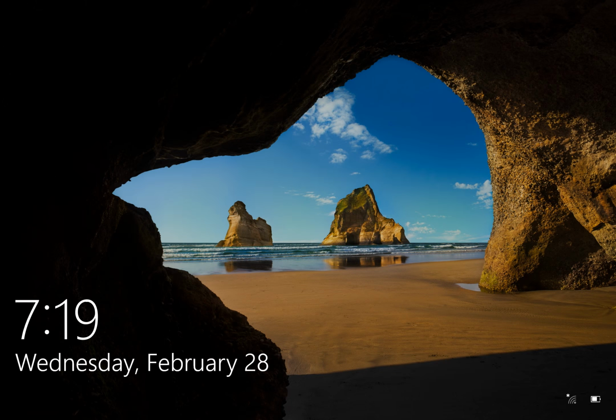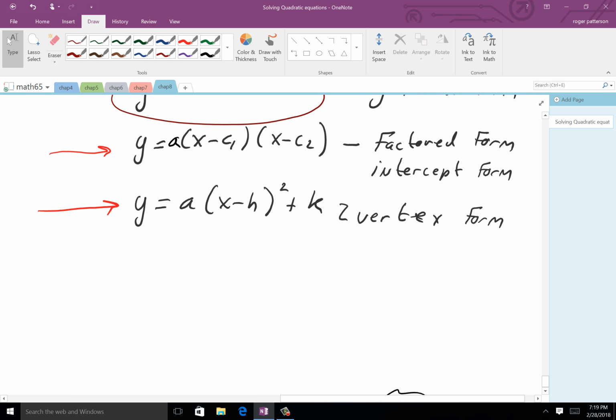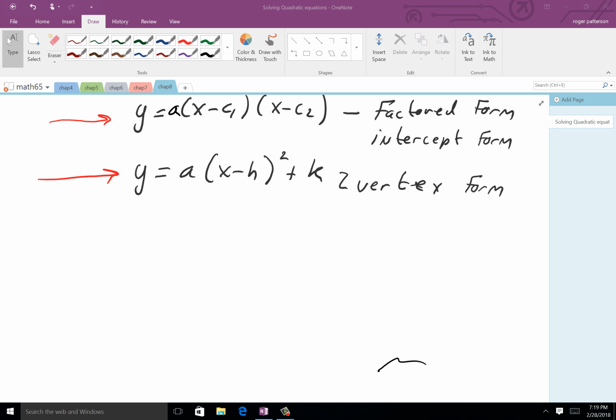In vertex form, we just said that the H comma K is the vertex.